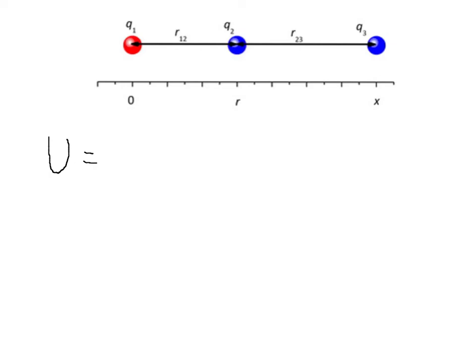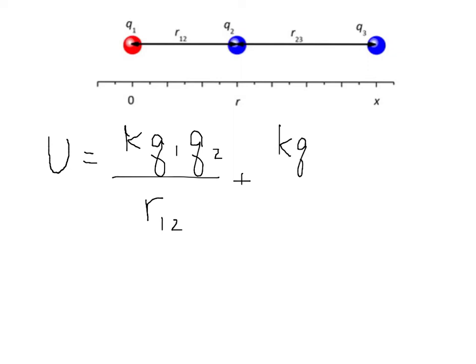So for example, we would have K times Q1 times Q2 over the distance separating them. Now notice you don't square that. You're used to squaring it because it looks a lot like the Coulomb's law equation, but in potential energy it is not squared. And then we'll group 1 and 3 together. So we would call this K times Q1, Q3, and the distance separating them.